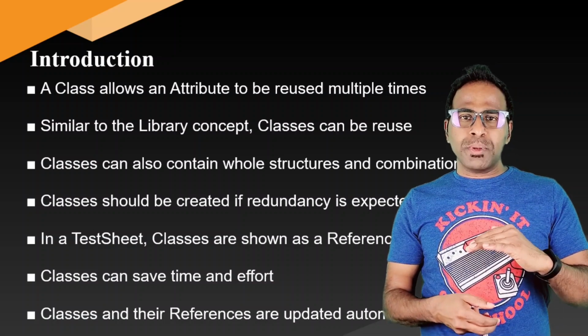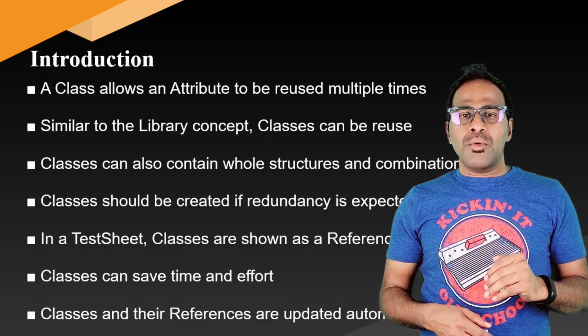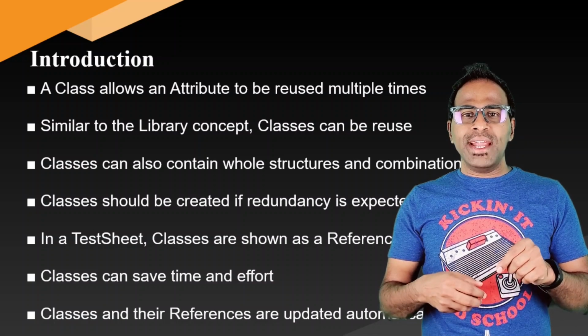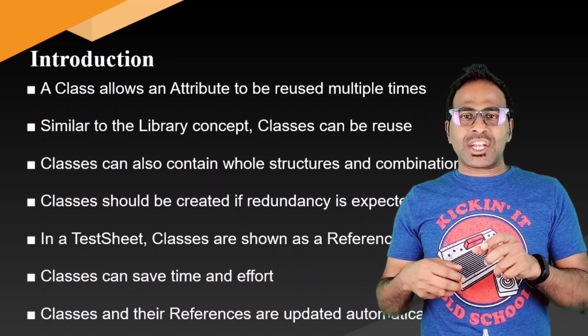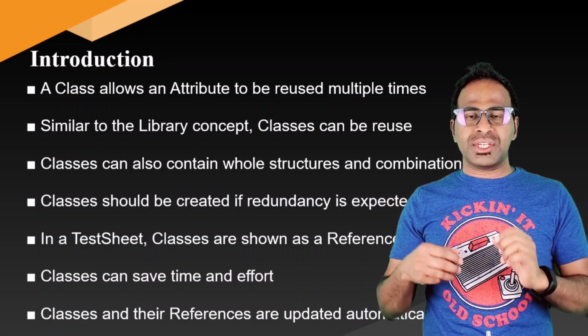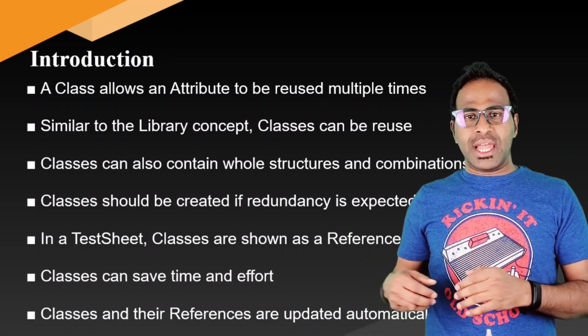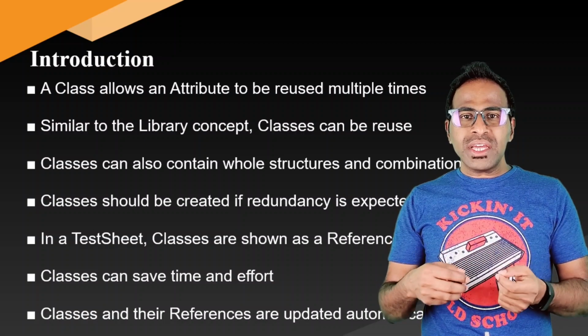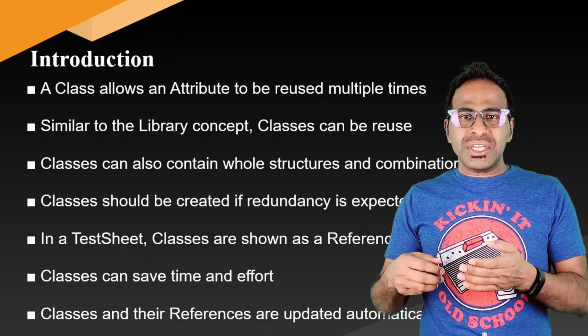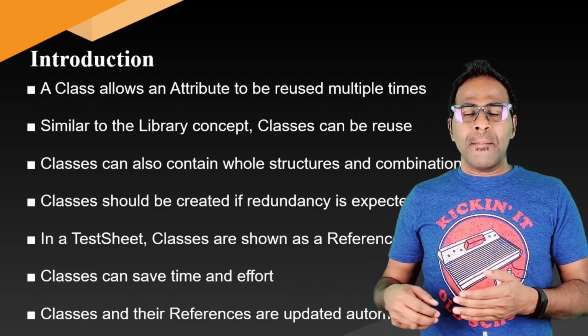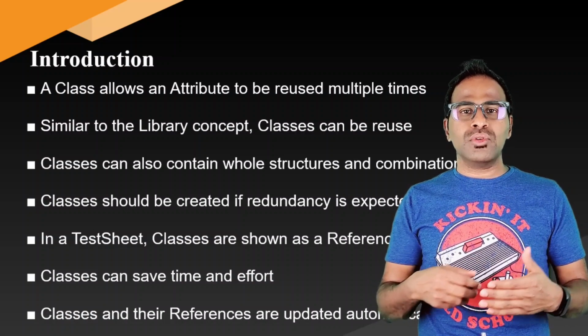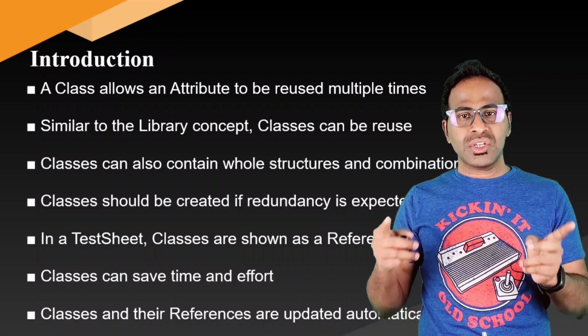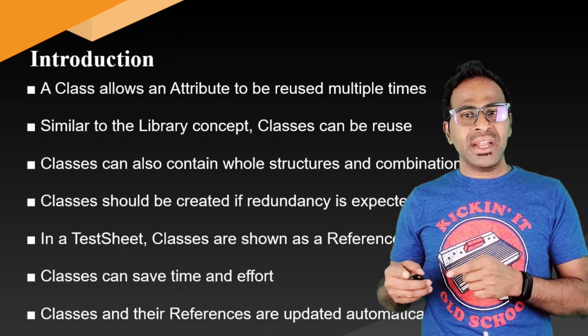Once you prepare one test sheet, what if you need these kinds of attribute and instance combinations multiple times in multiple scenarios? Are you going to create these test sheets again and again by defining all the attributes, instances, and combinations of the instances again and again?